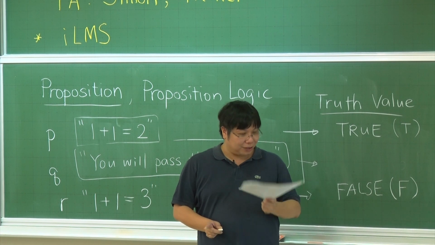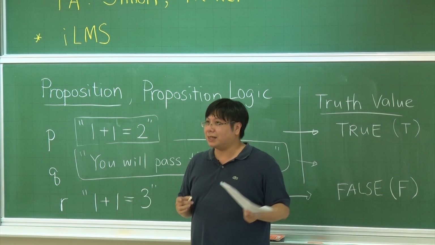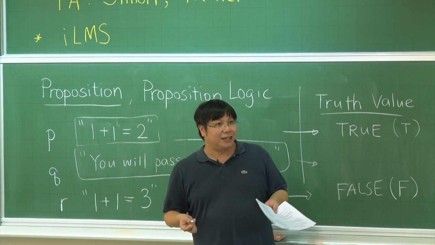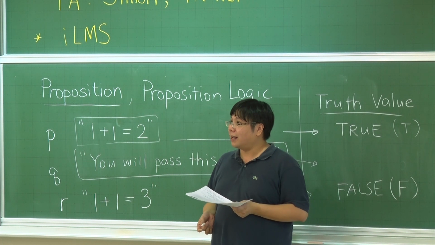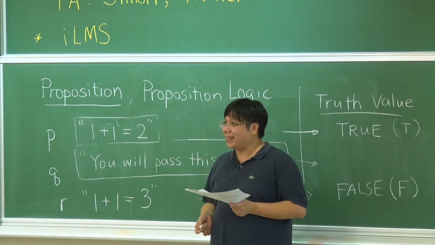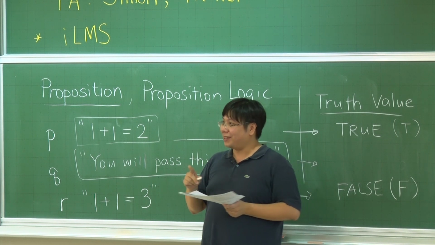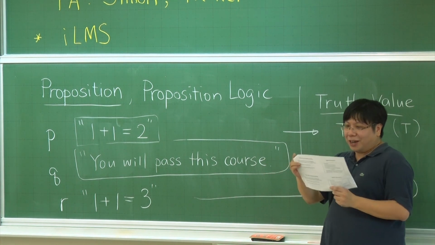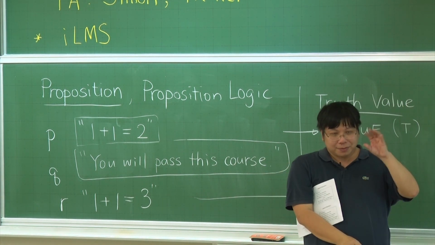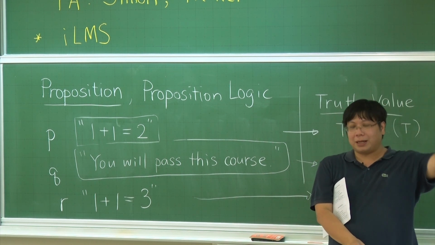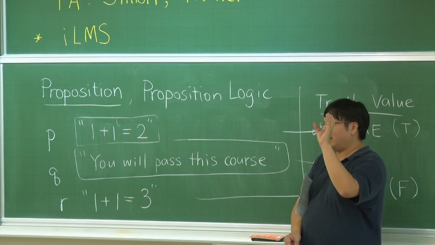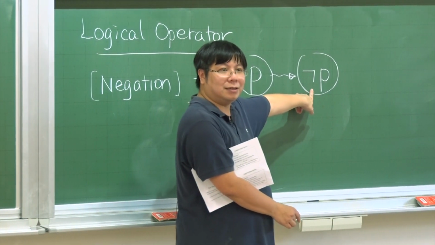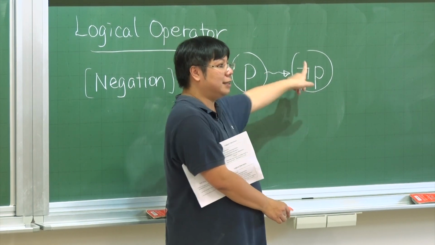Of course you can say Kirker's PC doesn't have at least 32 gigabytes of memory. This is good, but a more natural way is Kirker's PC has less than 32 gigabytes of memory. At most is not the opposite. Strictly less than. So you understand. Whenever you give me a proposition, I don't know whether it is true or false, I still can tell there is a proposition that is opposite to it. And then we can denote it using this negation. P and the negation of P.